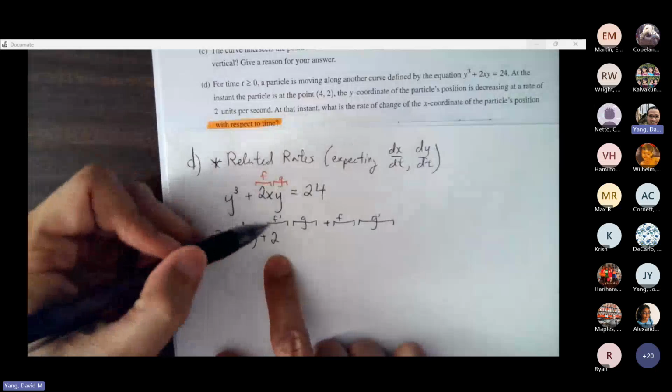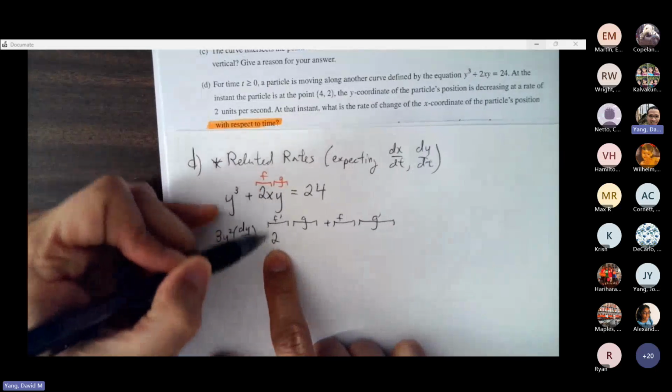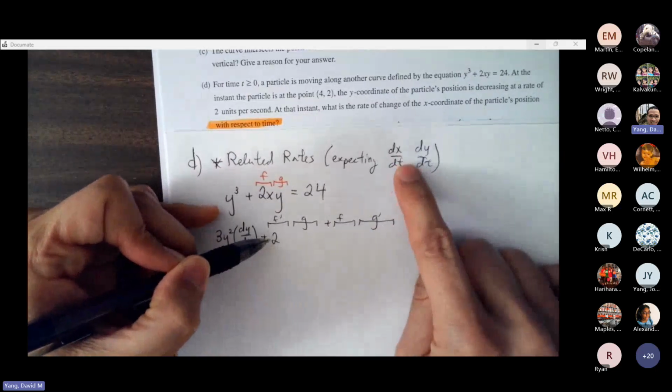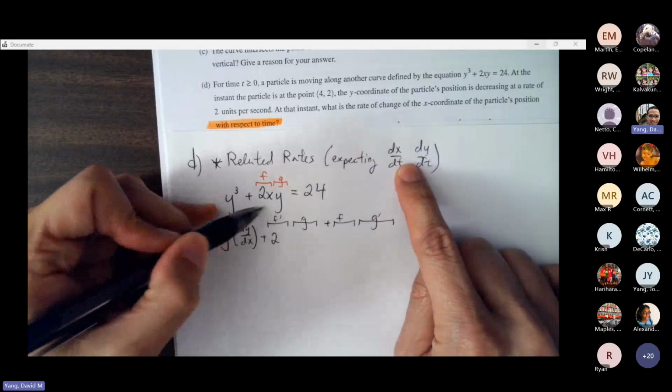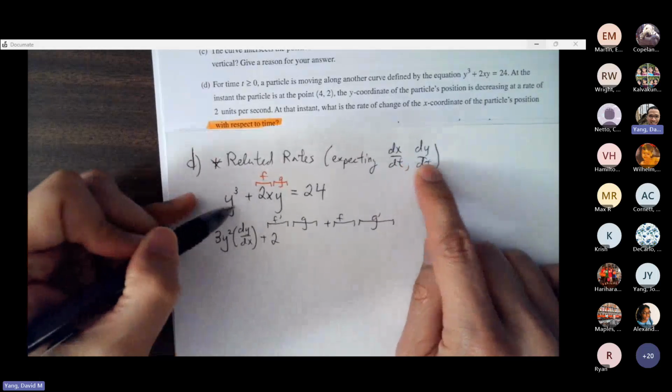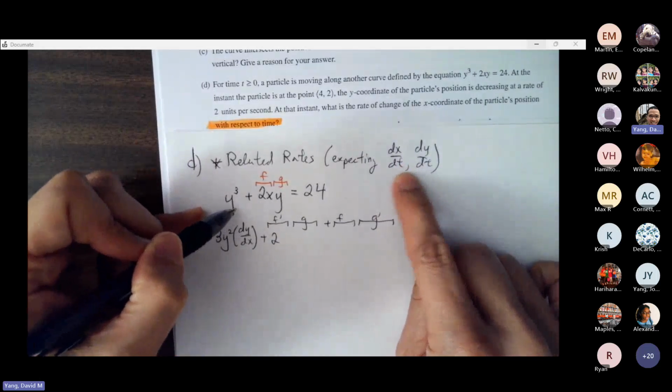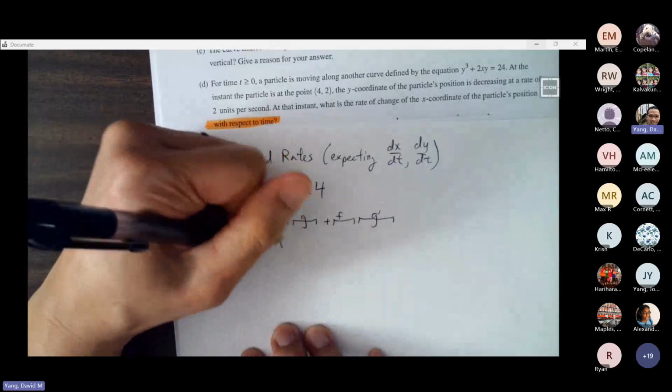So 2x just doesn't become 2. 2x turns into 2 dx dt, because this is related rates. This isn't just implicit differentiation here. This is underlying time impacting every variable here.